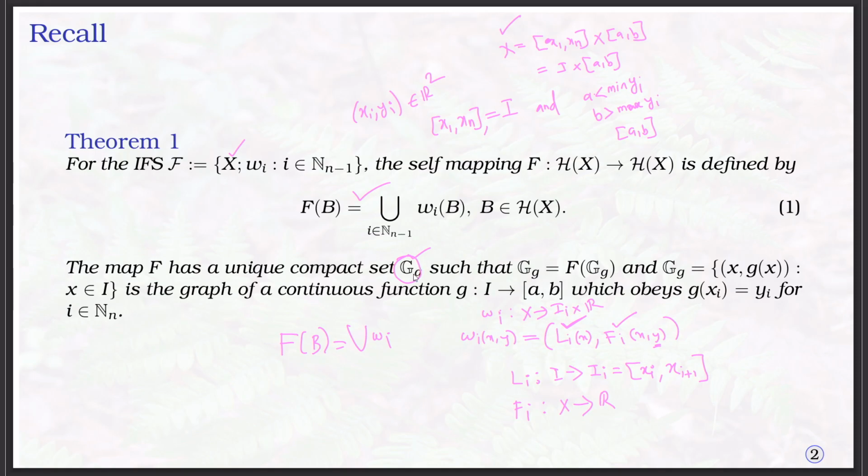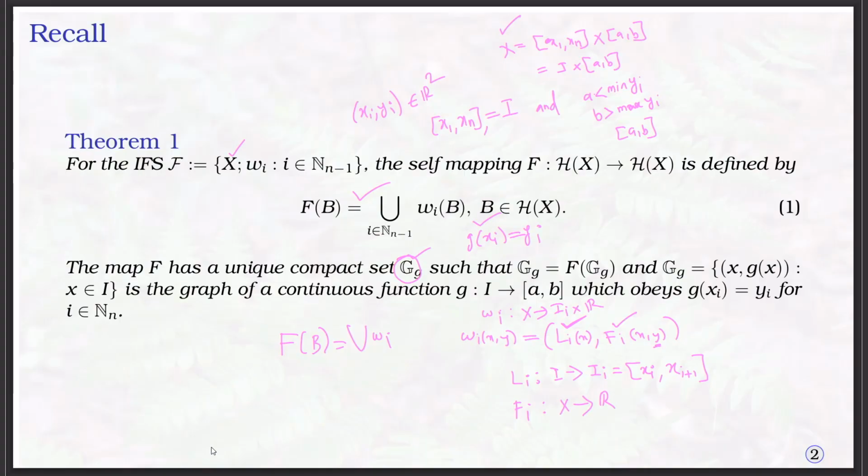That means the fractal interpolation function is obtained as the graph of a continuous function passing through the given data points. That graph we can obtain as the unique attractor of the special type of iterated function system.